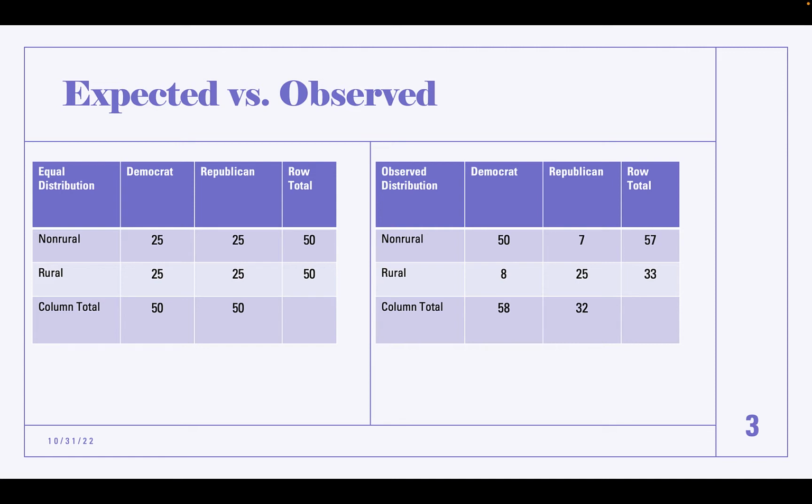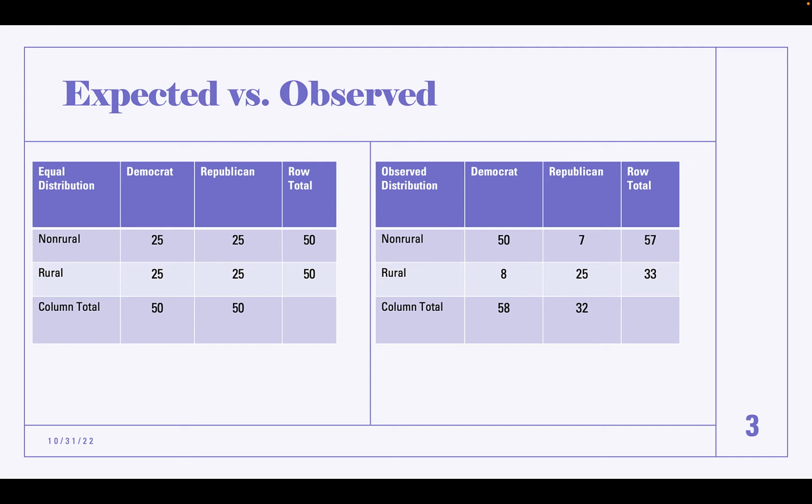So on the left, we see an equal distribution for 100 randomly selected people. We see 25 in each group, so 25 non-rural Democrats, 25 non-rural Republicans, 25 rural Democrats, and 25 rural Republicans. Again, that uniform or equal distribution.